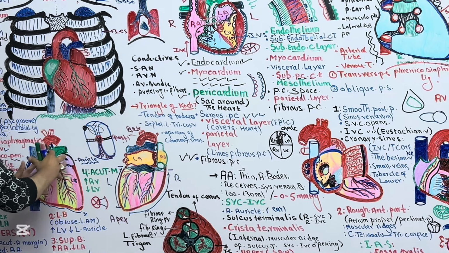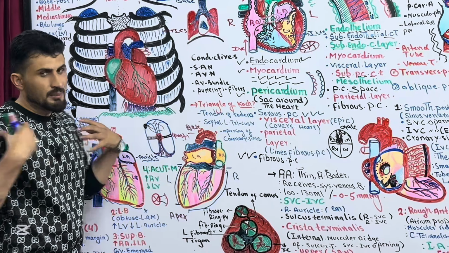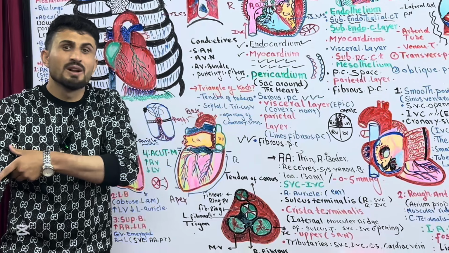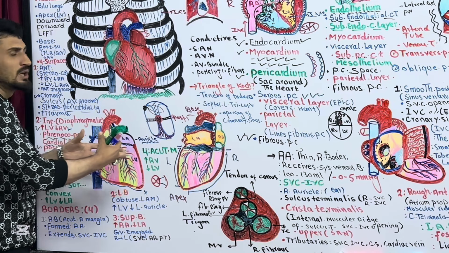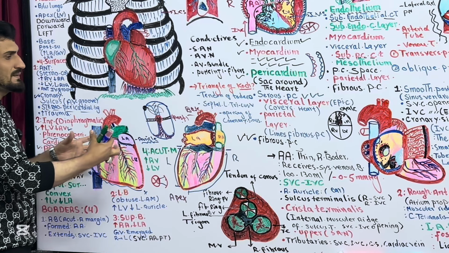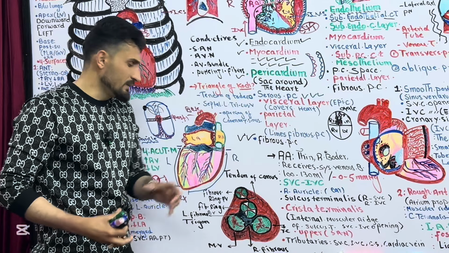This heart is attached to a skeleton-like structure, like our muscles are attached to the bony skeleton. The heart is attached to a fibrous connective tissue which is called the fibrous skeleton of the heart.